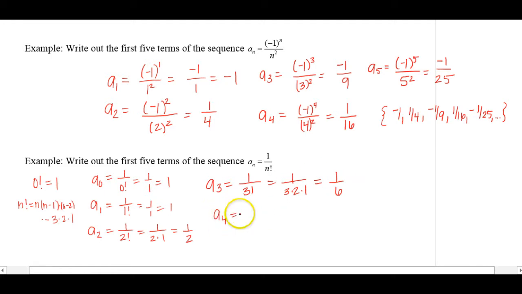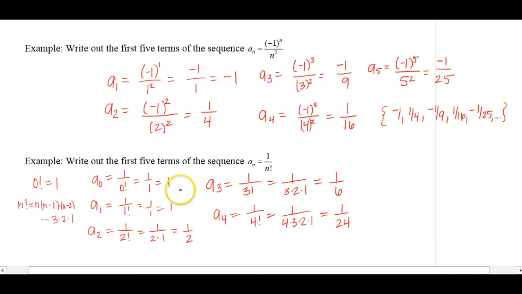And then a sub 4 is 1 over 4 factorial. So 1 over 4 times 3 times 2 times 1. So we already said 3 times 2 times 1 is 6, and 6 times 4 is 24, so this is 1 over 24. And we will be dealing a lot with factorials, and we rarely go any higher than 5 factorial, which happens to be 120, so you'll just get used to knowing what those values are, and we really don't go higher than 5 factorial.